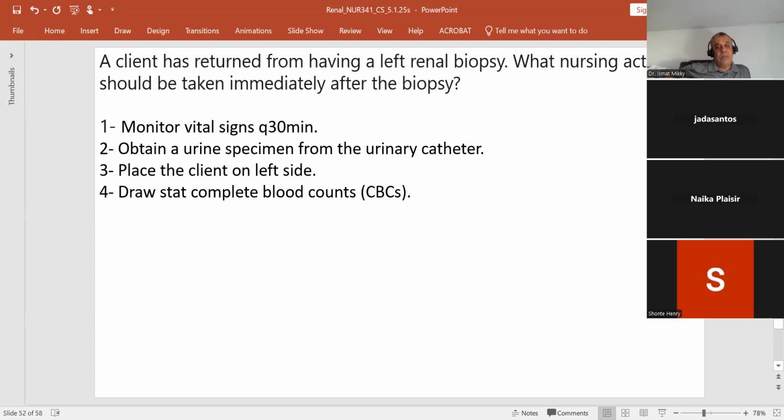I don't think it's a priority. What do others think about number 2? Correct, incorrect? Why? I think number 2 is incorrect.